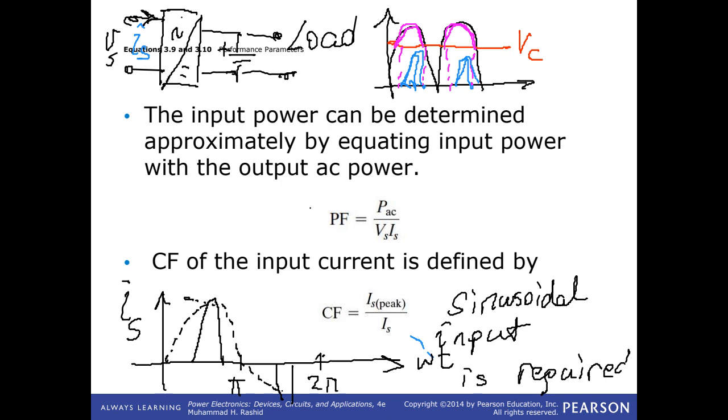Form factor, ripple factor, and also the RMS value of the output current and voltage, and the DC average value. These are the DC side.